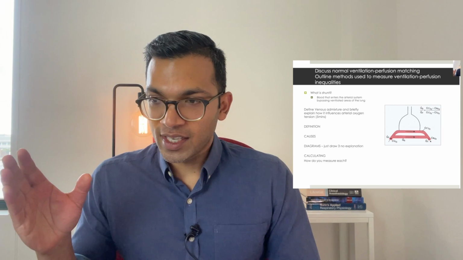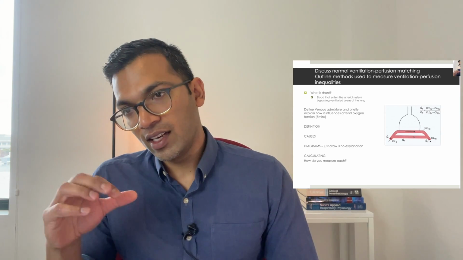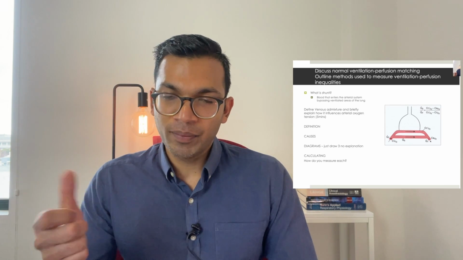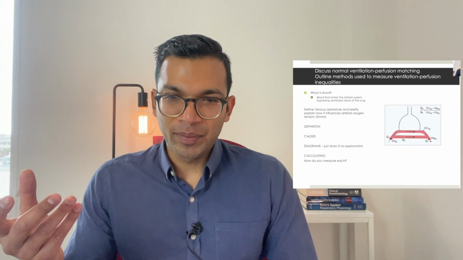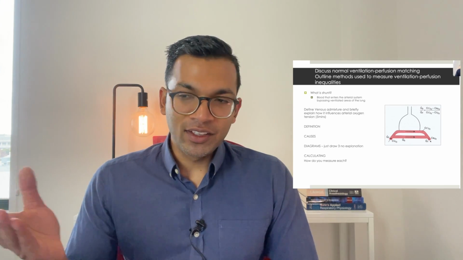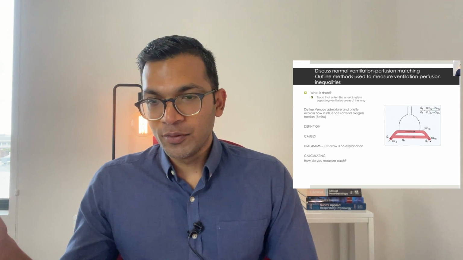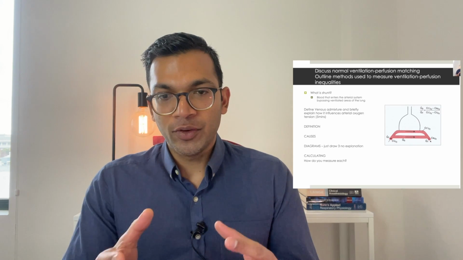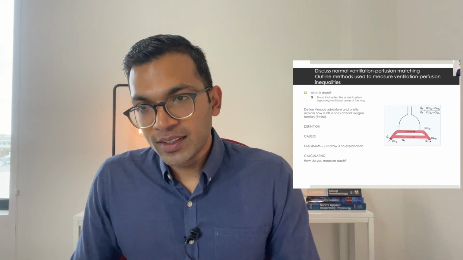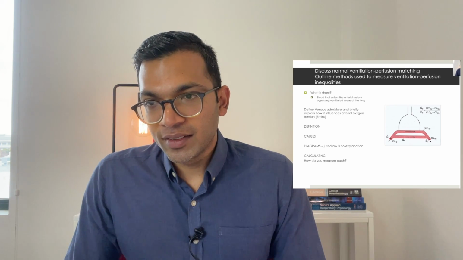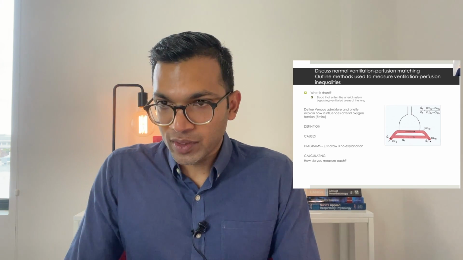I think he was right to say any of these lung abnormalities. For example, asthma may have some segments that are completely blocked off, but some segments that are suboptimally blocked off. So I can imagine that a lot of the pathologies through the spectrum of their severity will cause anywhere from VQ inequality to complete shunt. So yeah, I think you could just talk about it and put it anywhere, really, because we won't know unless we look at the individual lung unit.